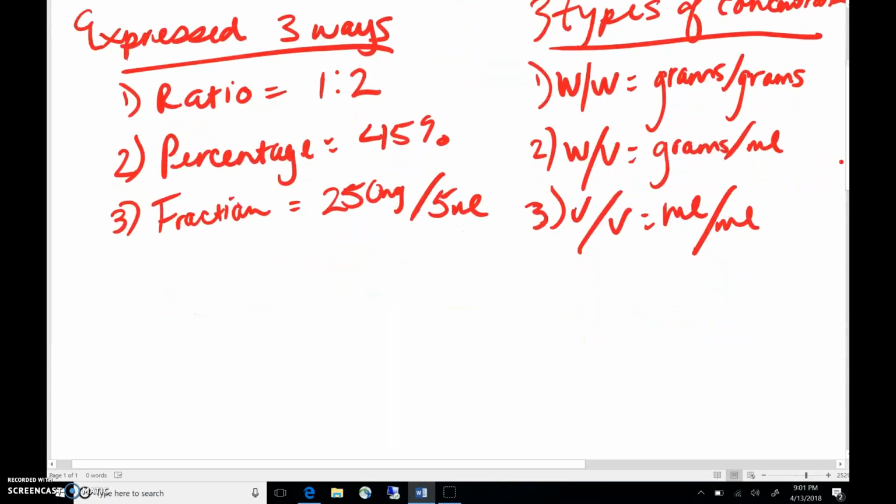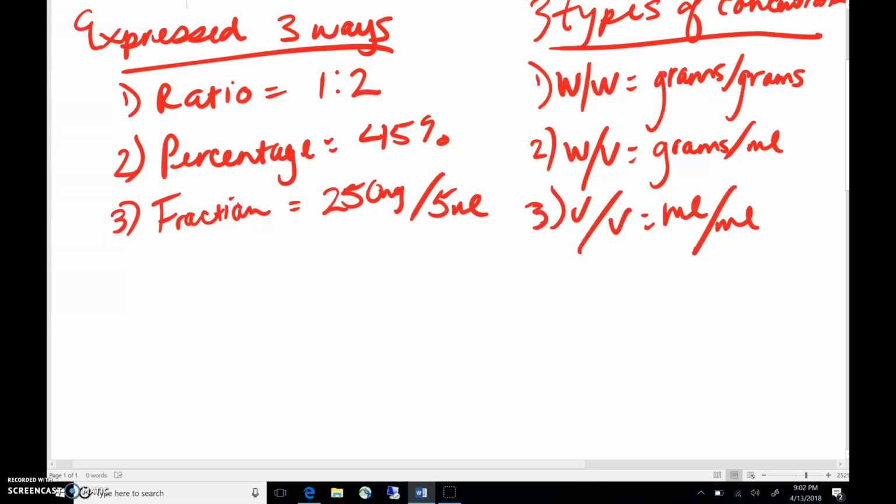And so overall, what that means is that a medication could be 50%. All right. Well, 50% is how the concentration is expressed, but in detail, what type of concentration is it? Well, if it's a cream, then that 50% will be considered a weight to weight. So it's 50 grams of active ingredient and 50 grams of total.